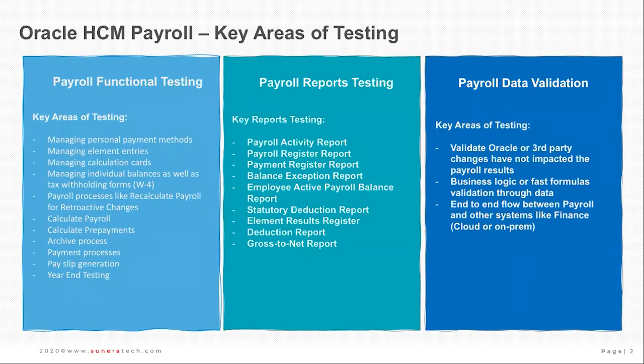Subsequently, once all these things are set up, we get into running the payroll process, running the recalculate payroll for retroactive changes if some retroactivity has happened for the employees, calculating the payroll on that basis, calculating the prepayments, and in the end generating the pay slips, and then seeing what has come out when we have calculated all the payrolls. I can give you 2-3 examples on why we should do the functional testing when specifically focusing on the payroll modules.